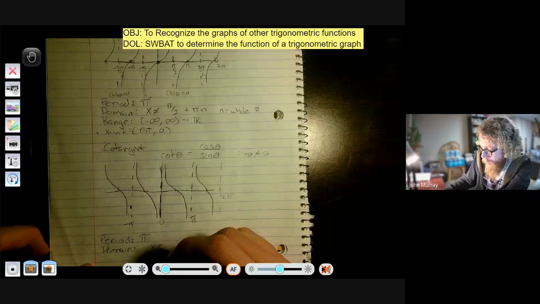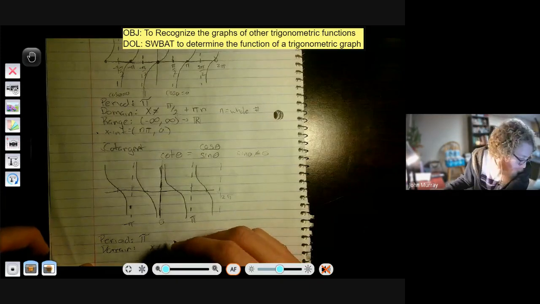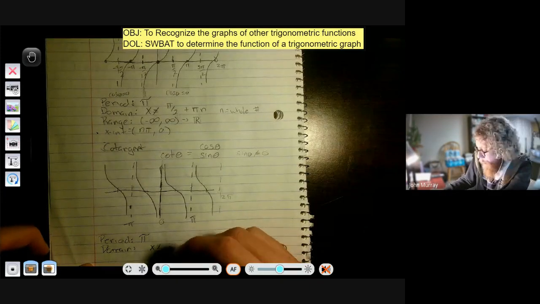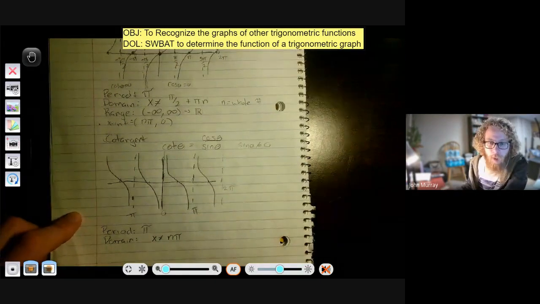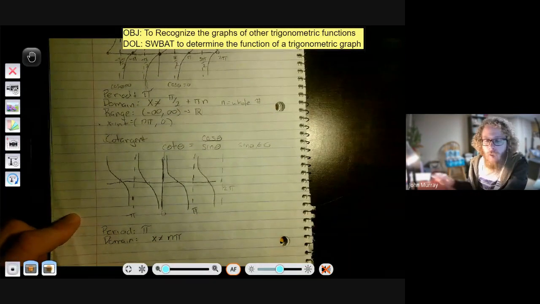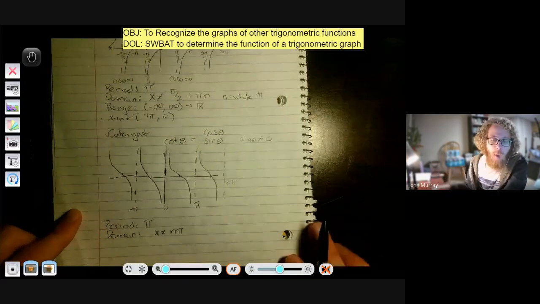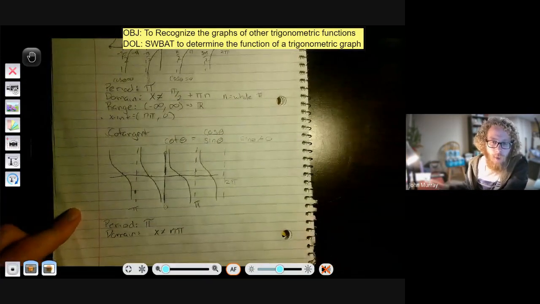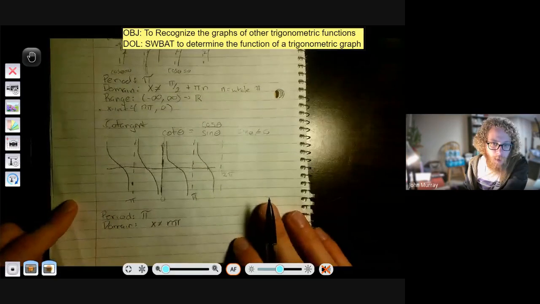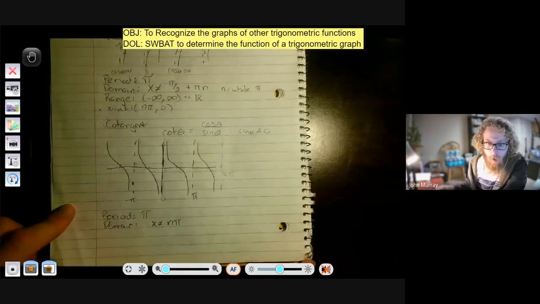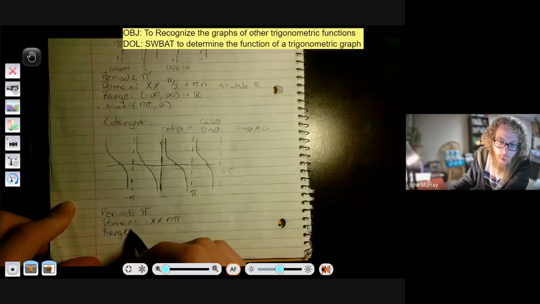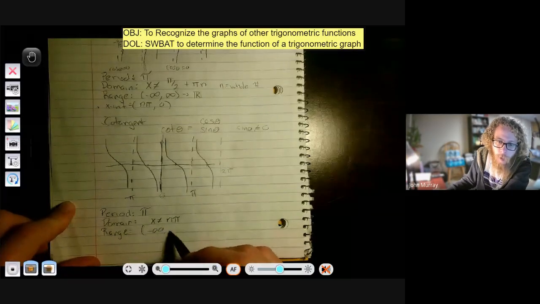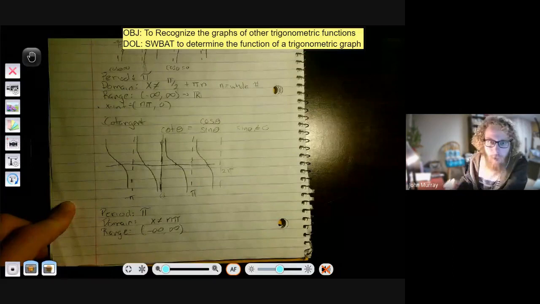So we say our domain can't be any natural number times pi. So 5 pi, 10 pi, negative 20 pi are all off the table. We can't plug those in because that would give us a 0 in the denominator. Again, our range is all real numbers from negative infinity to positive infinity.